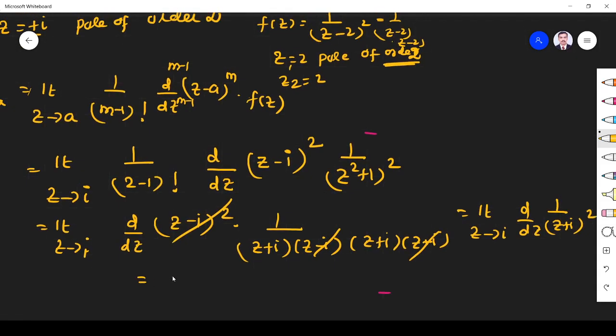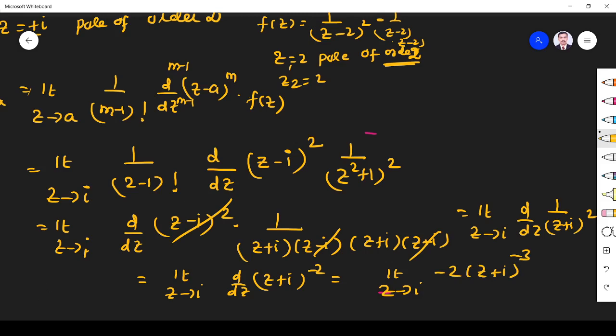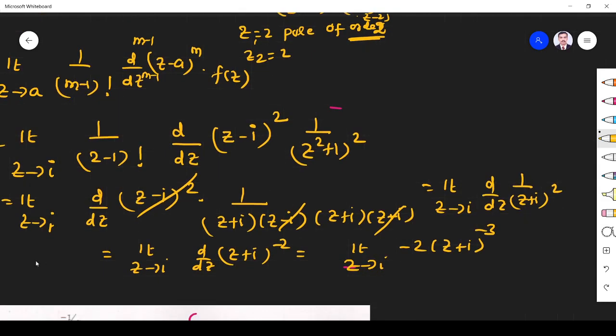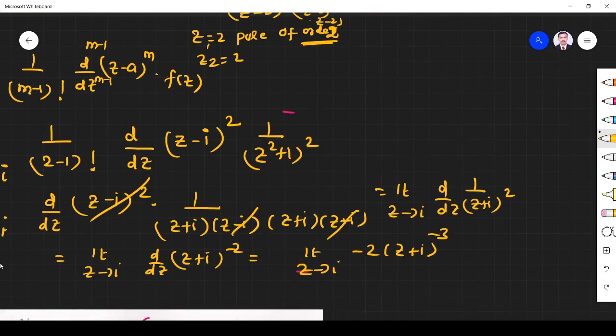So limit z tends to i, d by dz of (z plus i) whole power minus 2. If I differentiate, I get limit z tends to i of minus 2 (z plus i) power minus 3, that is minus 2 divided by (z plus i) whole cube.